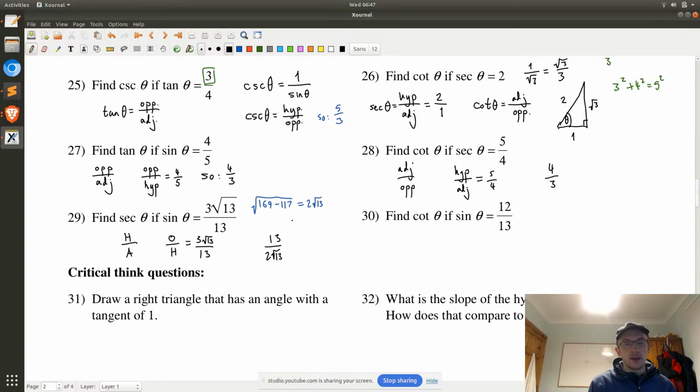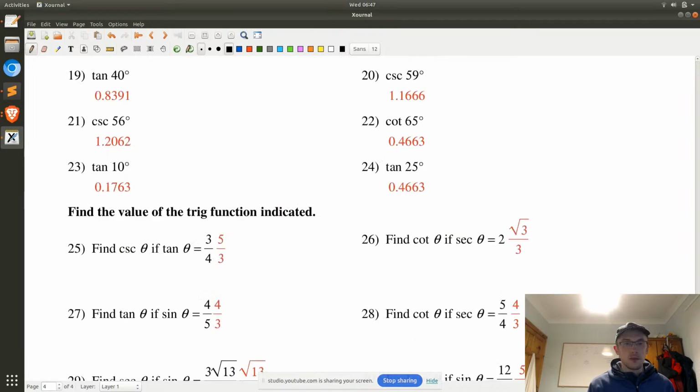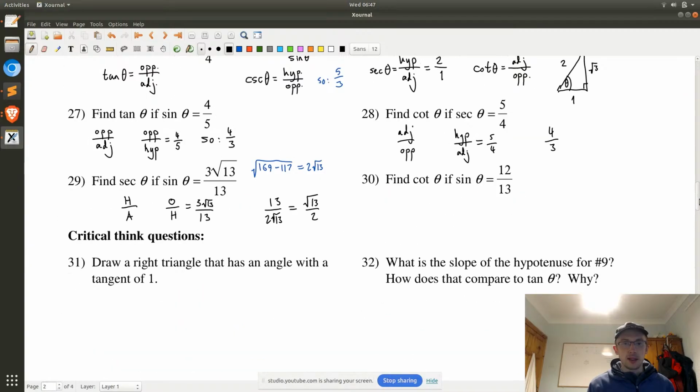Then rationalizing the denominator, timesing the top and bottom by root 13, and we get 13 root 13 over 26, so root 13 over 2. That appears to be correct.